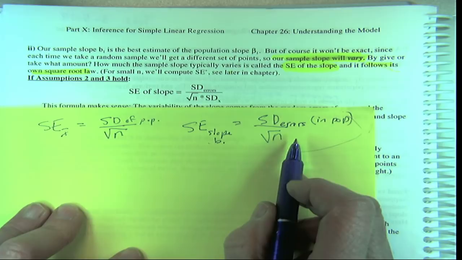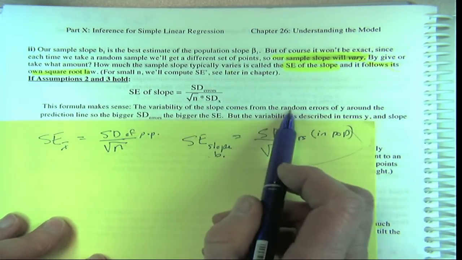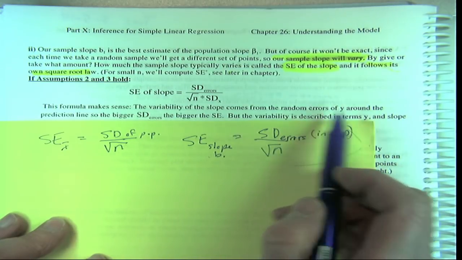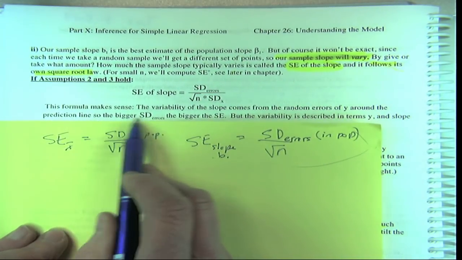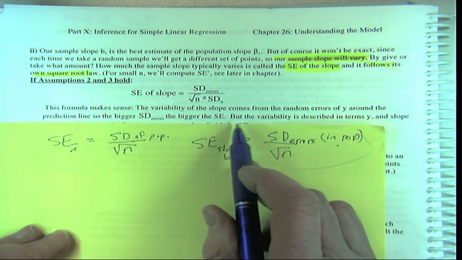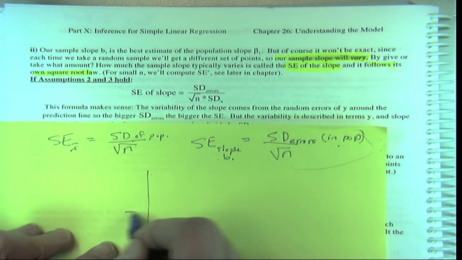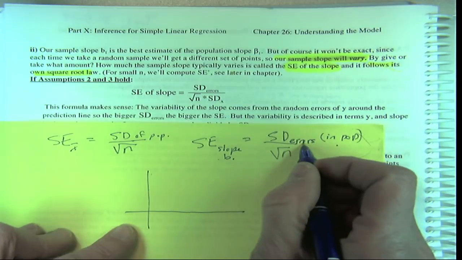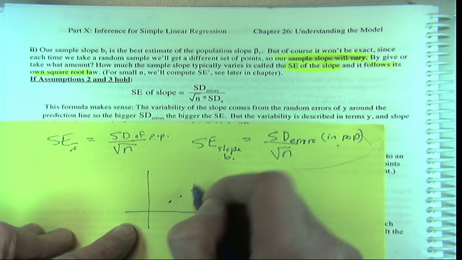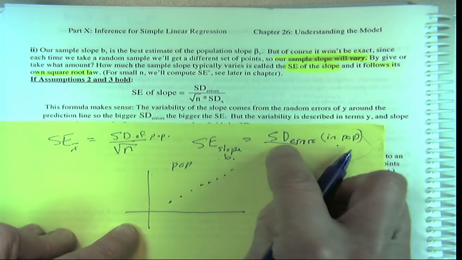So the formula makes sense. The variability of the slope comes from the random errors of y around the predicted line. The bigger these are, the bigger the standard error is. So in your population, you've got some scatter plot. And let's say there was no error around it. Let's say our population looked like this, with 0 here.